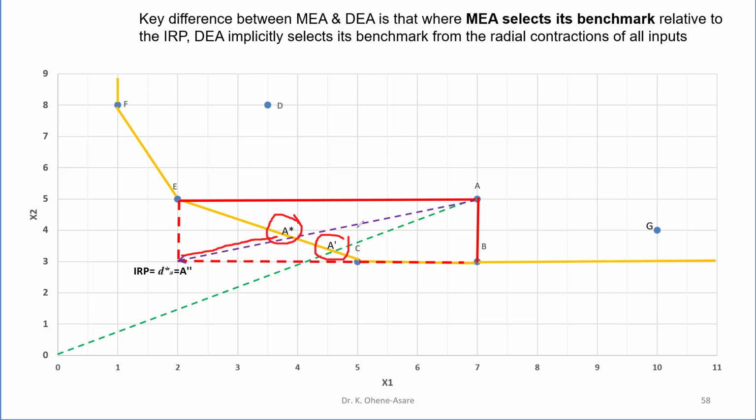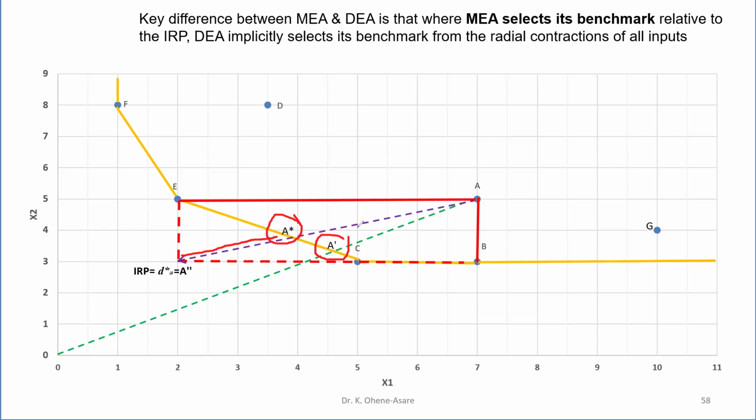So Doc, can you also put it as A prime is the radial and A star is the non-radial efficiency? I don't want to say A star is a non-radial because there are so many non-radials. This is a particular non-radial, which is a MEA target. They're all targets.